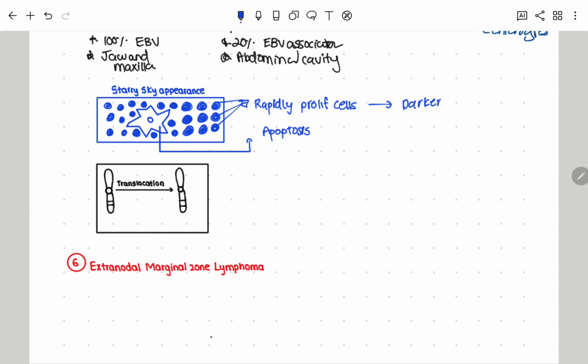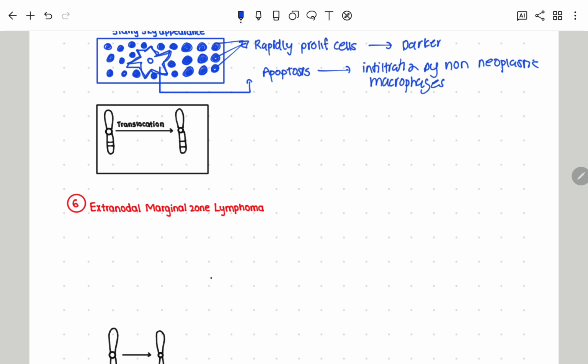And then once you have apoptotic bodies present under the microscope, you will see that there will be an infiltration by non-neoplastic, and this is important, non-neoplastic macrophages that are here to digest these apoptotic bodies. And so that is what forms the star bit of the starry sky appearance.